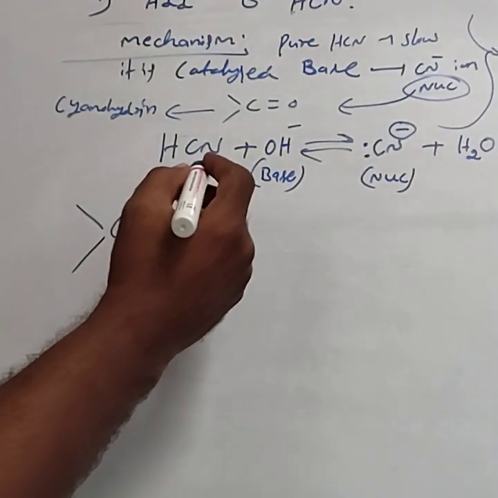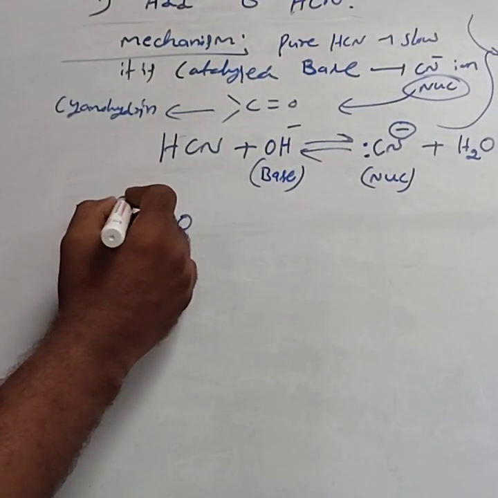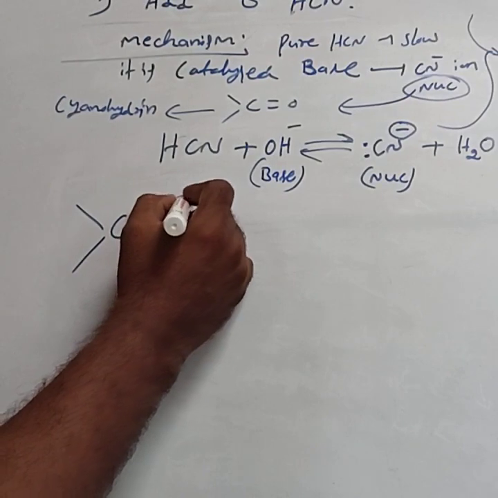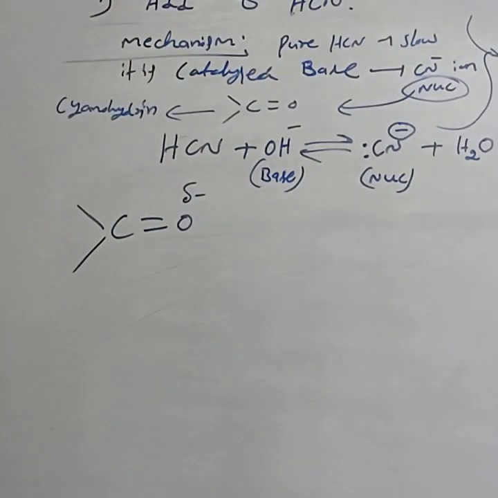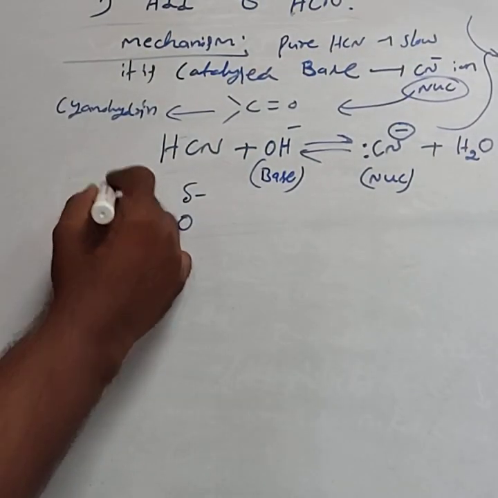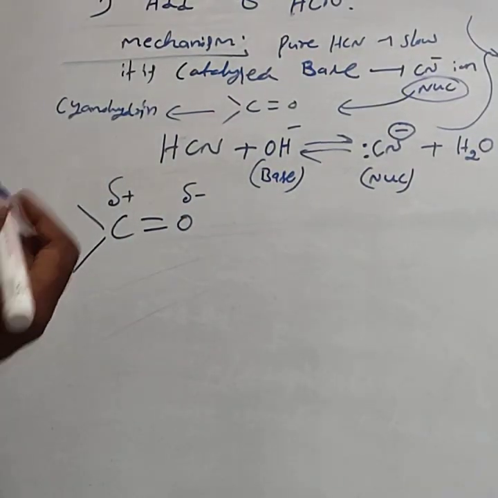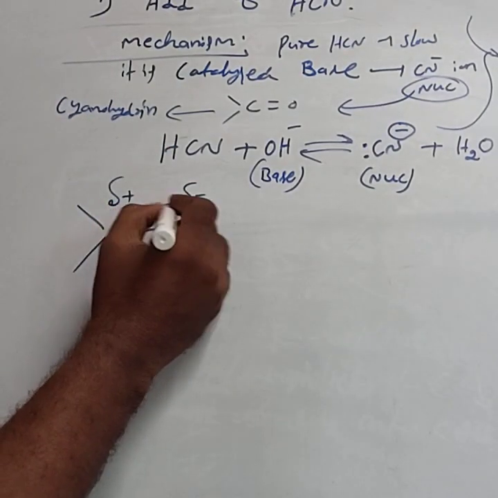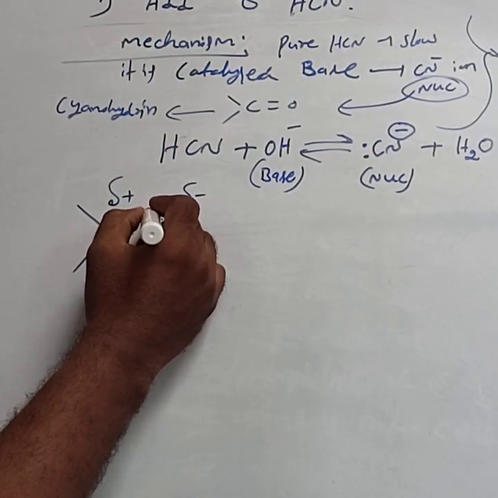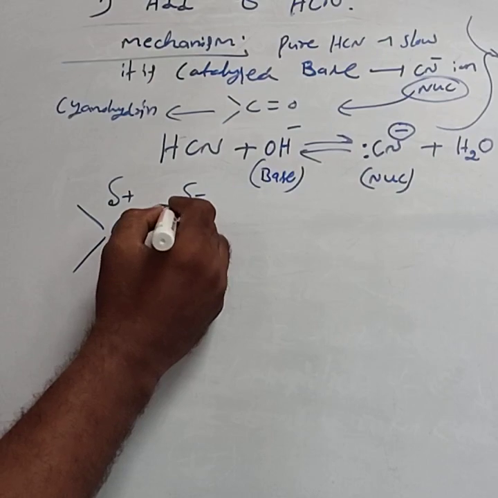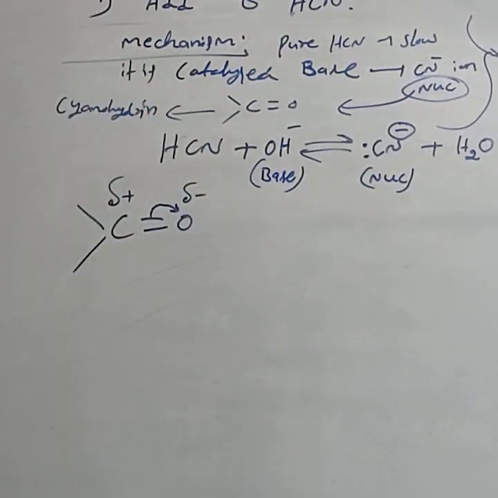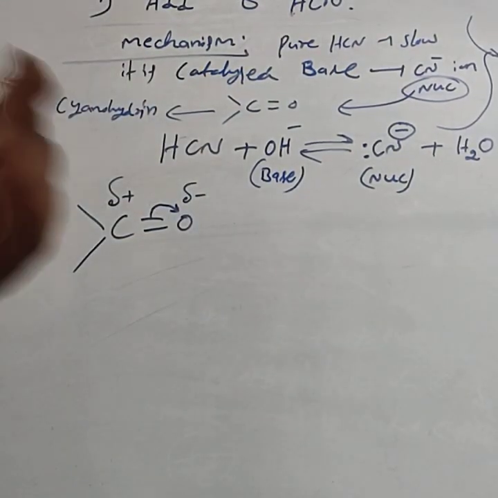In this carbonyl group, oxygen is more electronegative than carbon, so oxygen gets delta minus and the carbon atom gets delta plus. Then the pi electrons move towards the oxygen atom due to its more electronegative nature. These arrows are very, very important.